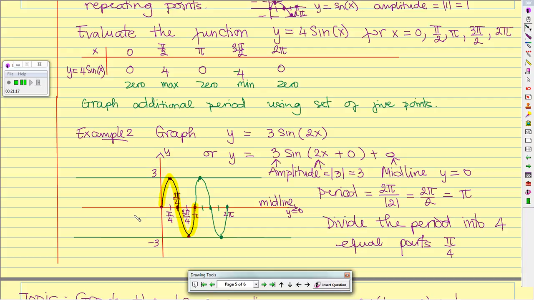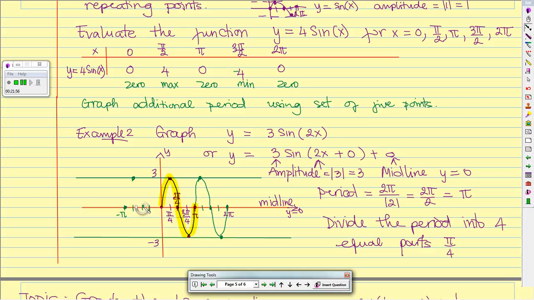And then you can graph the third one. You just go to the left-hand side and graph negative. Again the period is pi, so we'll label this negative pi. So this will be one period, and then we divide it into 4 equal parts. Again, the period is always an absolute value because that's the distance, so there'll be no negative distance. And you repeat the same process again.